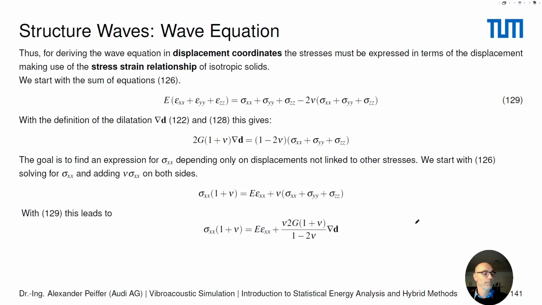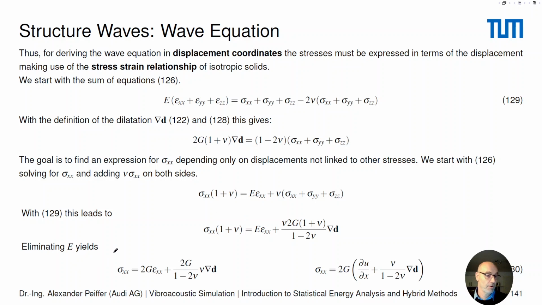Good. So when we apply 129, the upper equation, we get the following expression. And what do we have here now? We have an expression of the normal stress on the left-hand side, and on the right-hand side we have exclusively expressions of strain or displacement. So that means we are now getting rid of all our stresses.